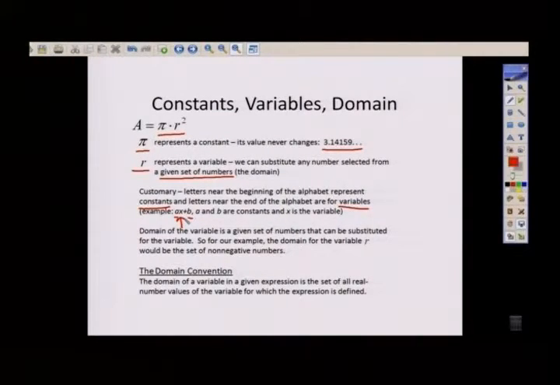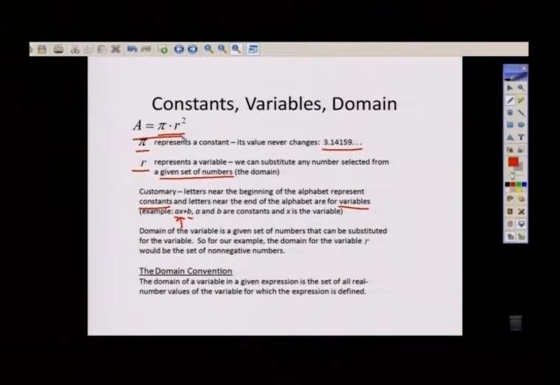The domain of a variable is a given set of numbers that can be substituted in for the variable. In this example, for the variable r, we can use the set of non-negative numbers, because the radius can only be 0 or a positive number.